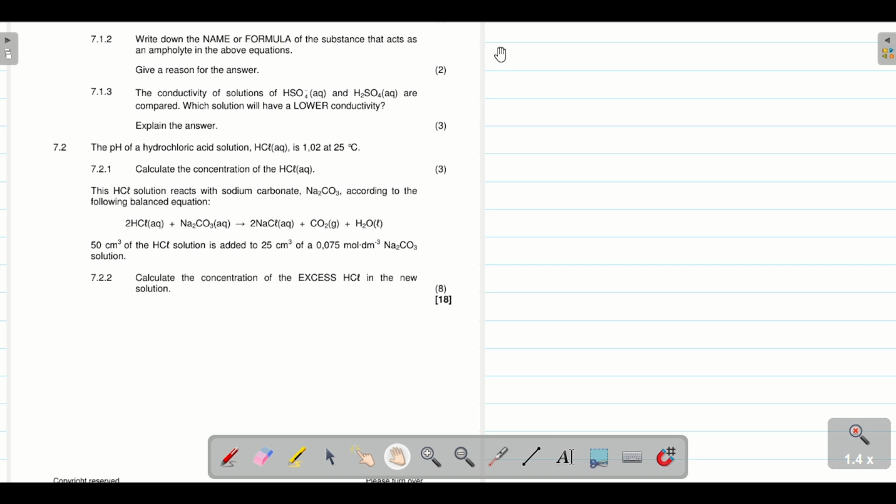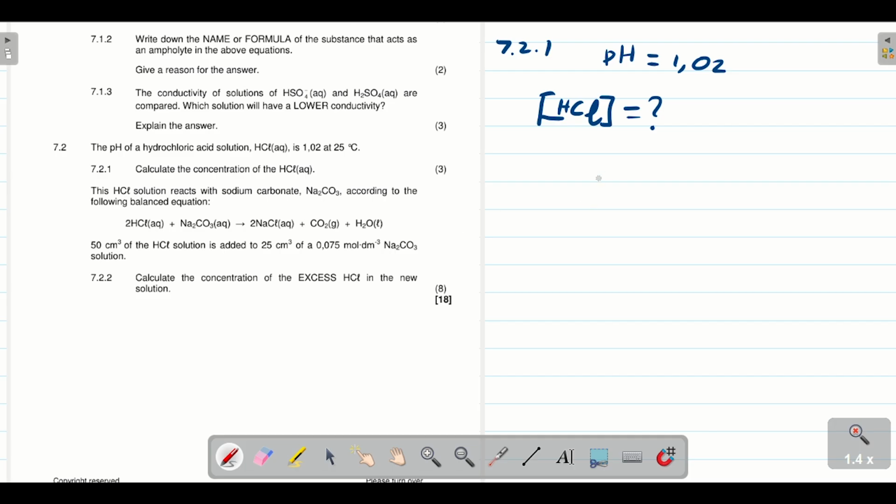So 7.2.1, we've been given the pH of the hydrochloric acid solution at 1.02, and they want us to calculate the concentration, I'll indicate that with brackets, of hydrochloric acid.